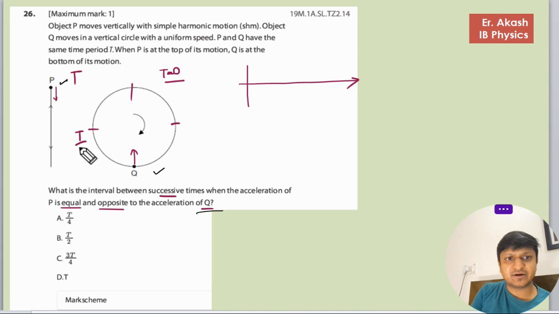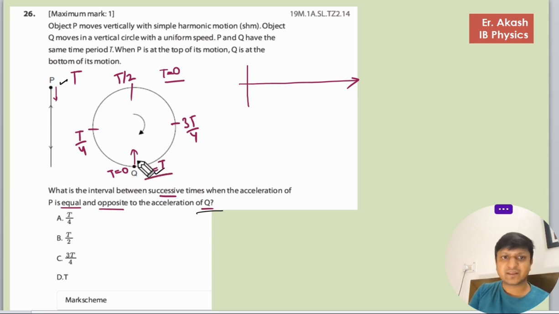So it will be T by 4, T by 2 and 3T by 4, and it will complete the circle at T. It will start at t equal to 0 and complete at t equal to T. So it will move like this, and in this also it will go like this.